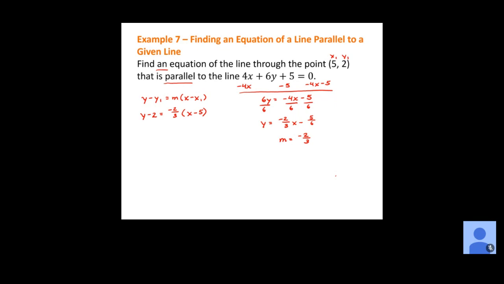That's an equation that has the point and the slope. Any questions on that one now? Again, the key here, whenever you see parallel, automatically think, I need the same slope.